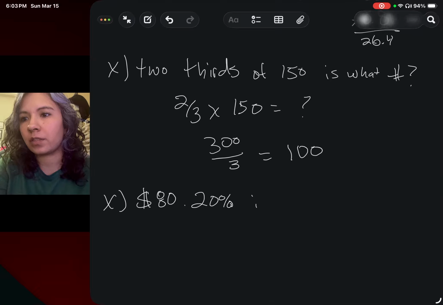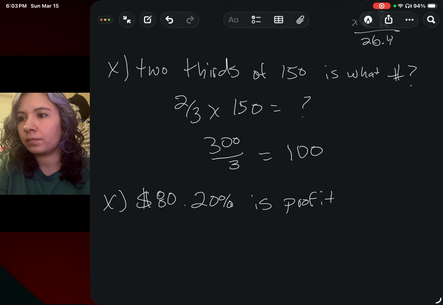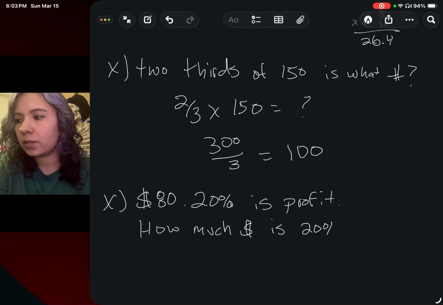So 20% is profit. Okay, so how much money is 20% of $80?